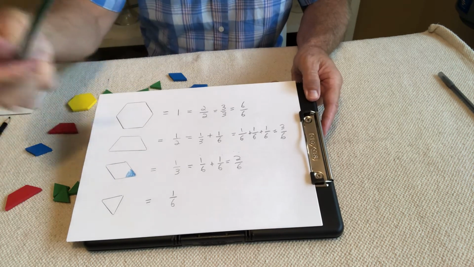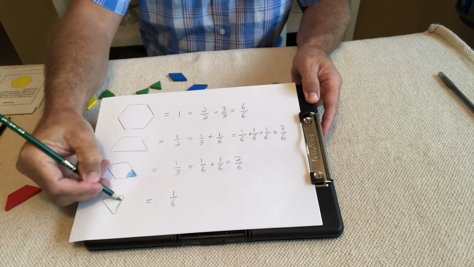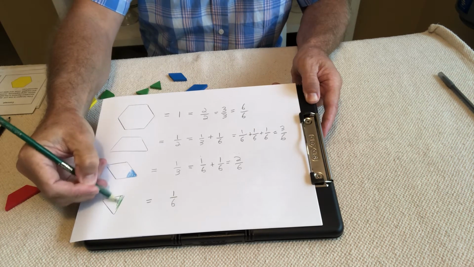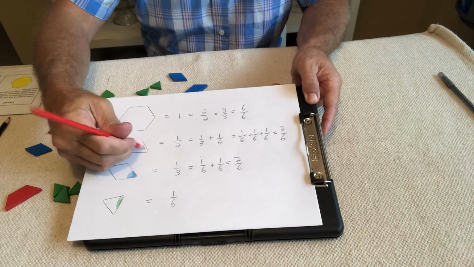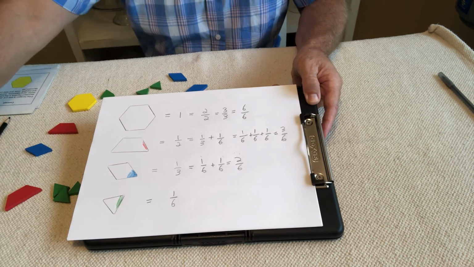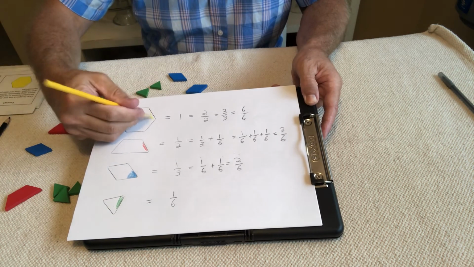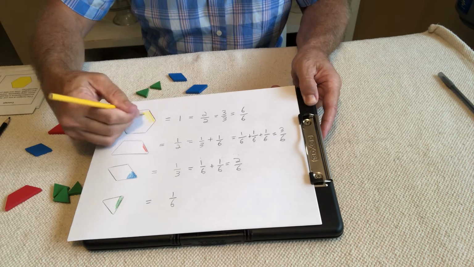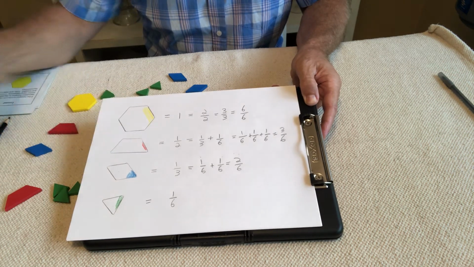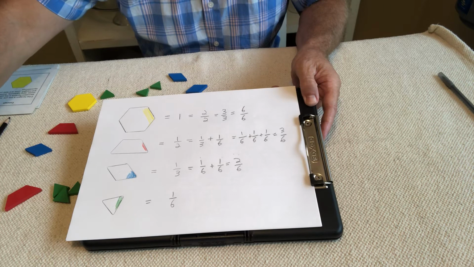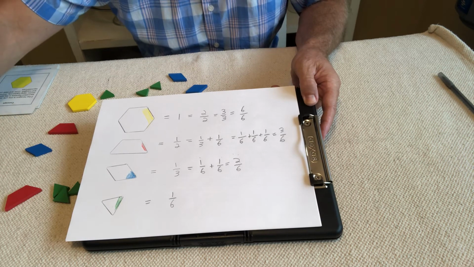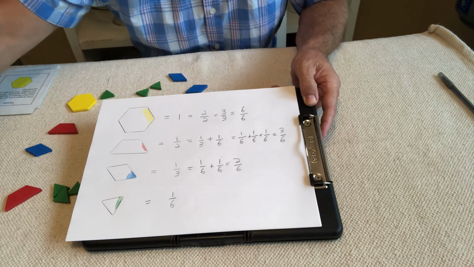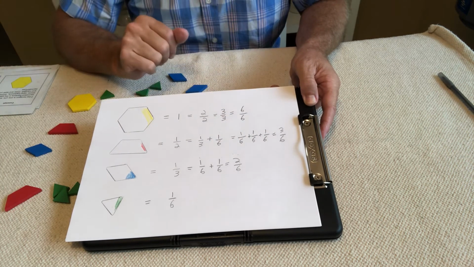So the green one, the triangle, would be green, so you can keep track of it that way. And the trapezoid would be red, so it matches. And make your hexagon yellow and color it in. And you can do this on a separate piece of paper and then tape it into your math copybook, or you can just write it directly in there.